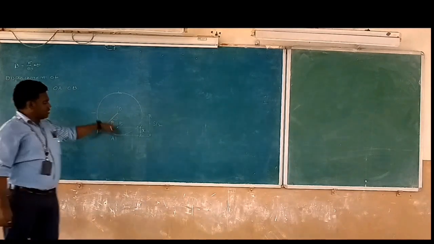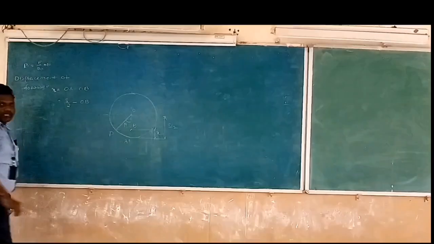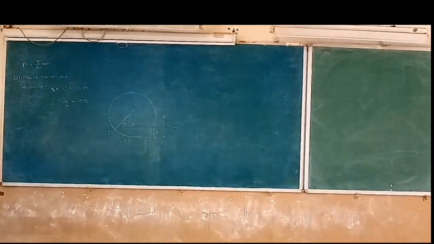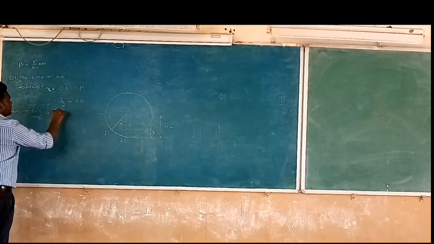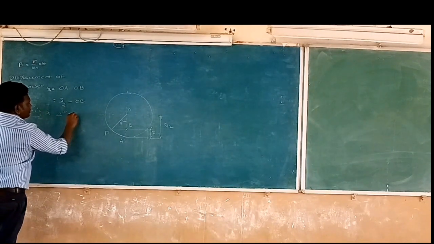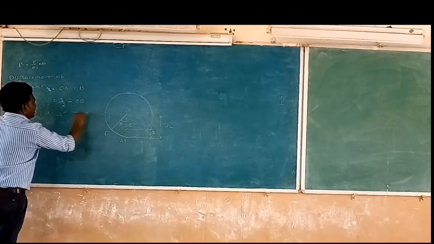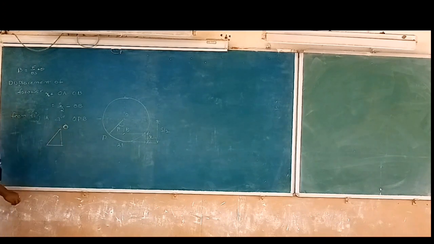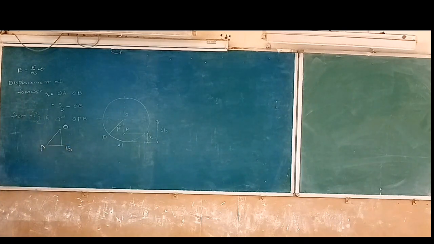So what is the OA value? S by 2 minus OB will determine from the diagram. Okay. So now from figure, triangle OP and this is the B value.